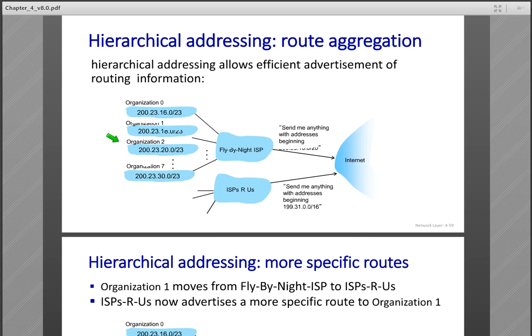So by this strategy, I can reduce the size of the forwarding table or routing table in the core routers. In current core routers, more than 1 million records are present in the forwarding tables of core routers, okay? So route aggregation is very necessary for us.